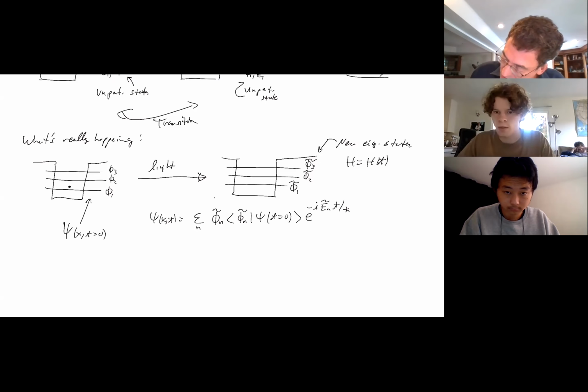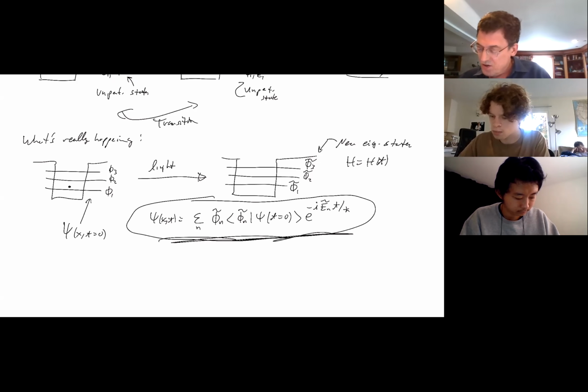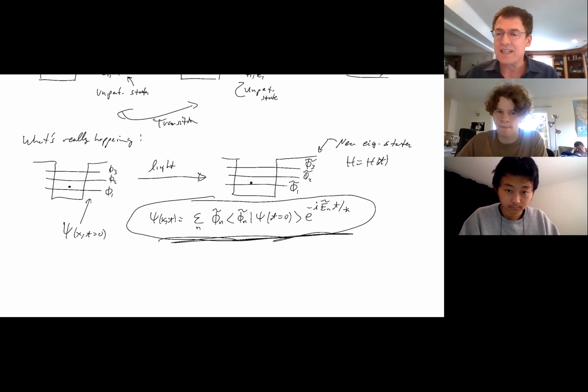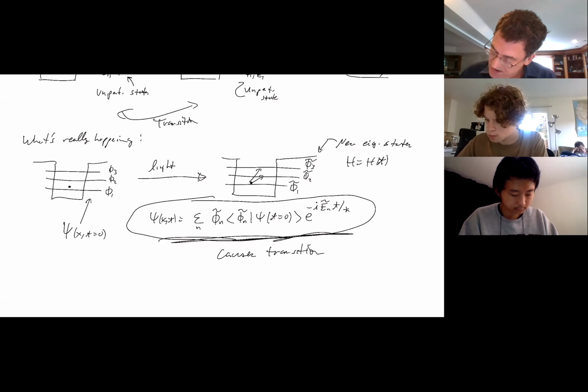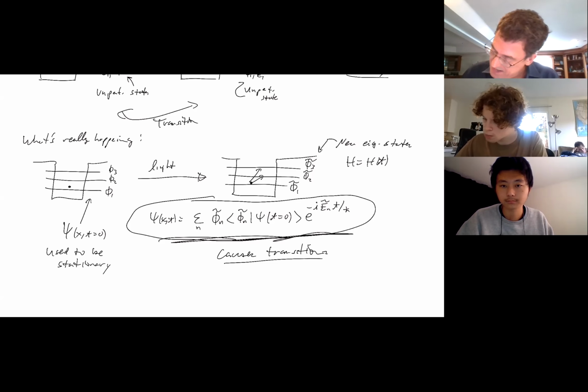So this old idea still works, but you're evolving in time because you're no longer in a true eigenstate anymore. You're in an admixture, and that's what causes transitions: the fact that your old state used to be an eigenstate, used to be a stationary state, and is no longer stationary.